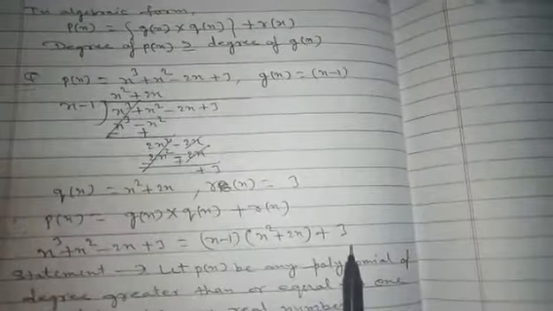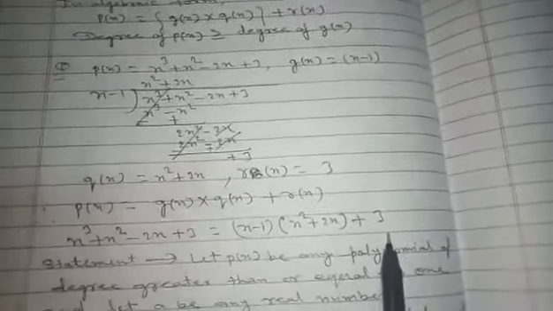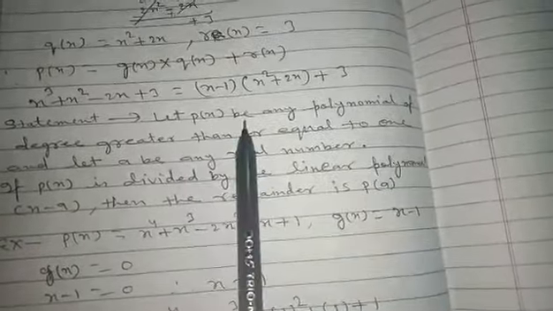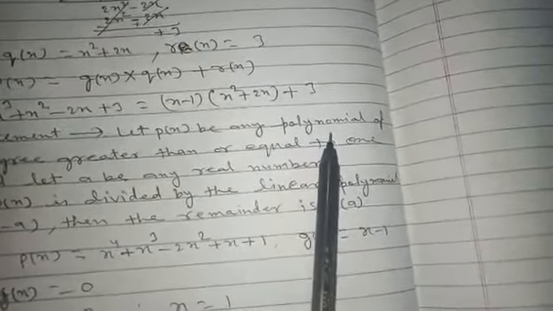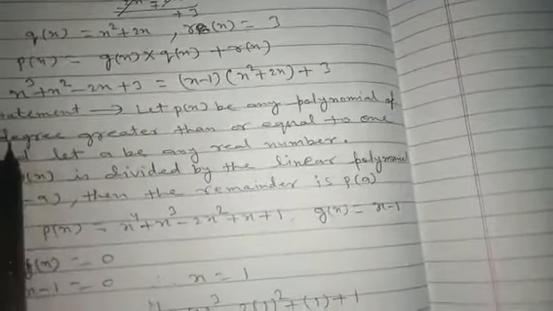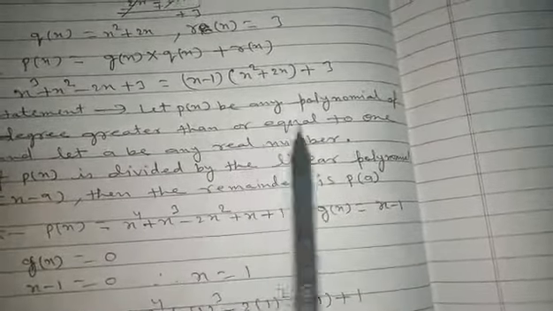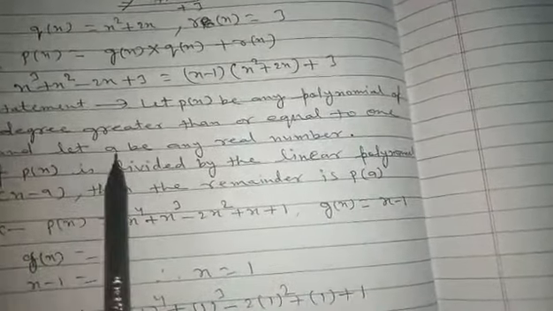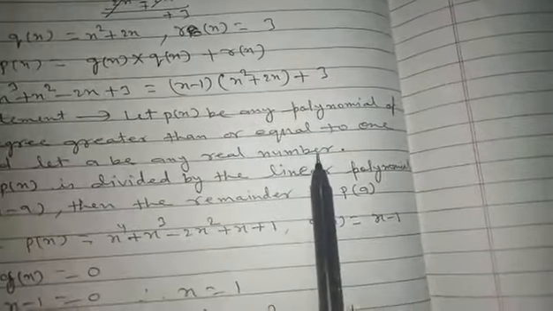But when we use the remainder theorem, you see how we find the remainder. First you see the statement. Let P(x) be any polynomial of degree greater than or equal to 1 and let a be any real number.